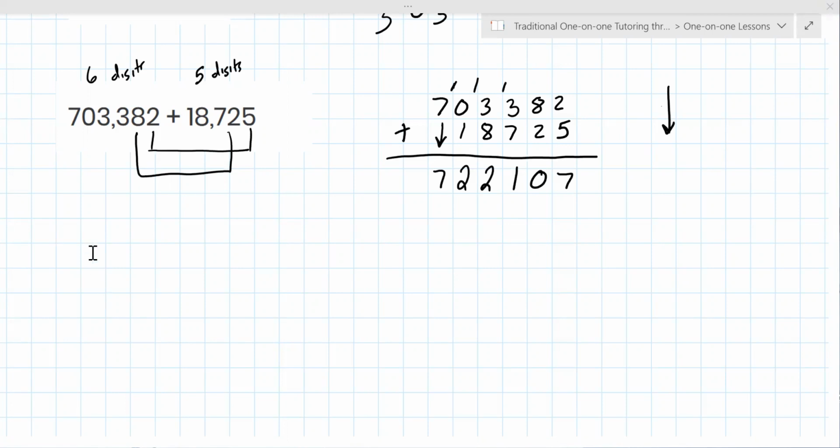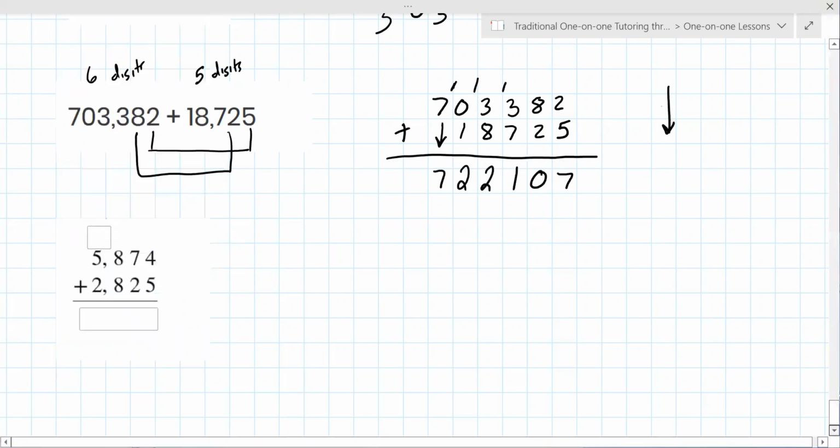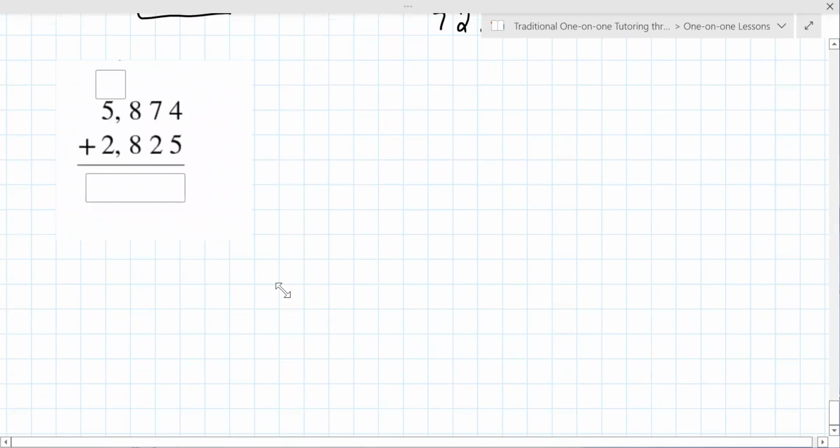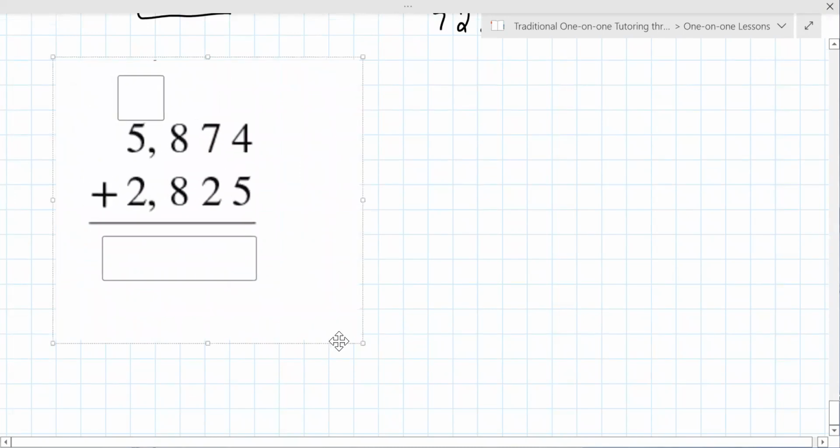No, okay, let's try another one here. We want to add these numbers. They've already set it up for us, Michael. What is 4 plus 5? Nope. 9. What is 7 plus 2? I'm asking you to keep adding here.